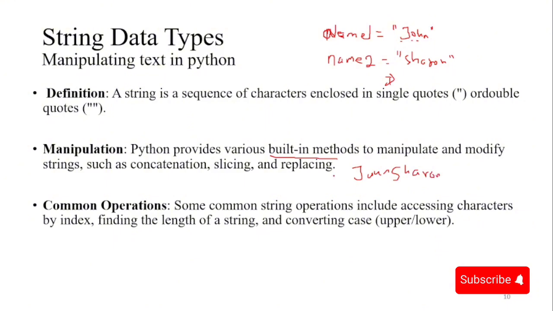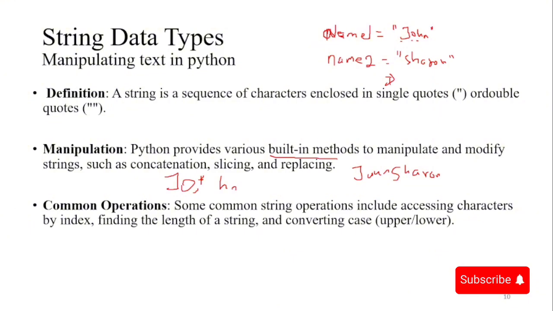Or I can split the string John into two parts. I can have my first part as J or JO, and then the second part as HN. Okay, so we can slice our strings. We can replace a string.